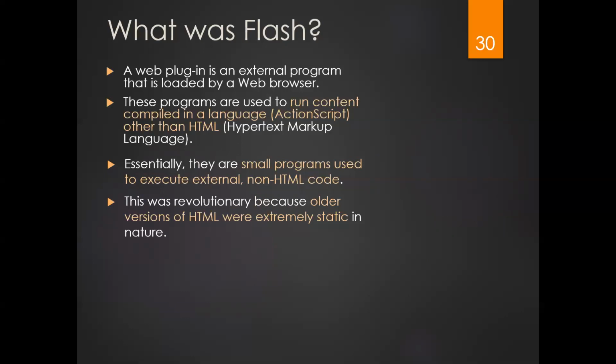And Flash is the savior. Okay, Flash allows you to add dynamic elements, for example, an animation, a video clip, or an audio clip into your website to make it dynamic.